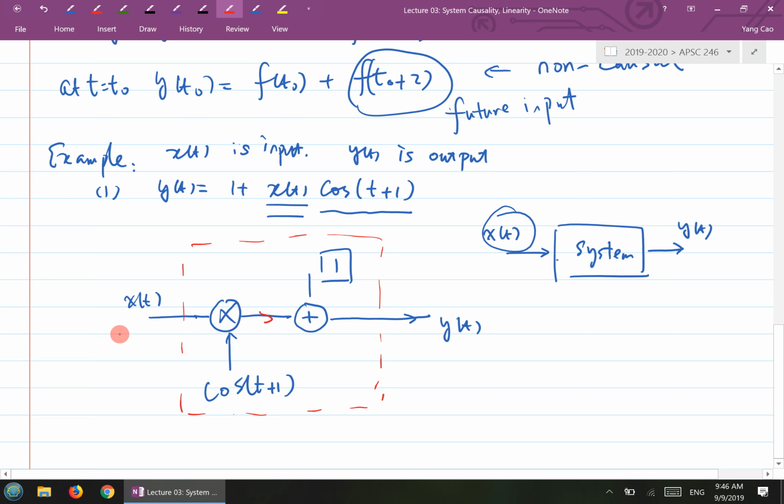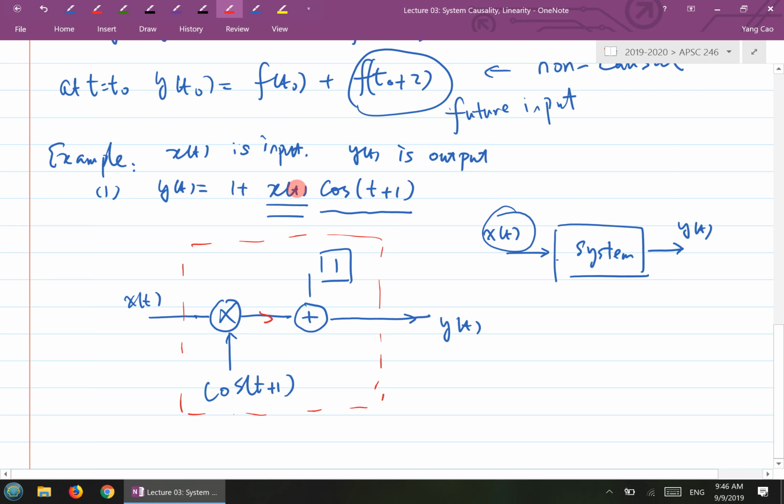Now, if this is clear, look at this system here. Do you think it is a causal system or non-causal system now? It has to be a causal system, right?